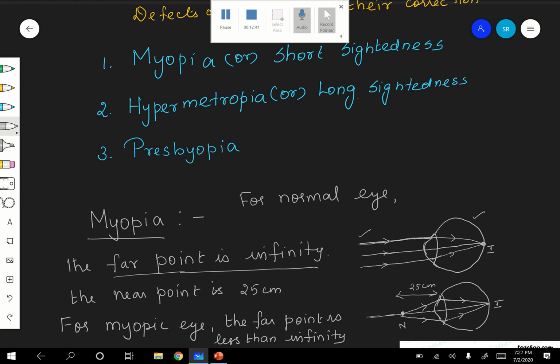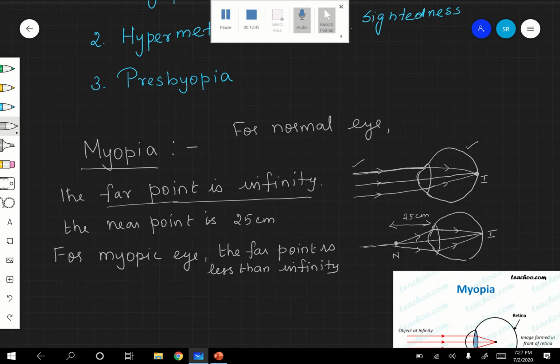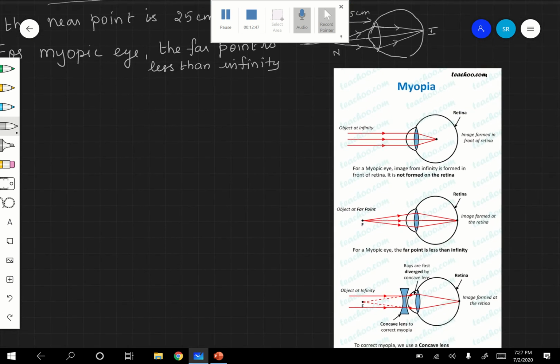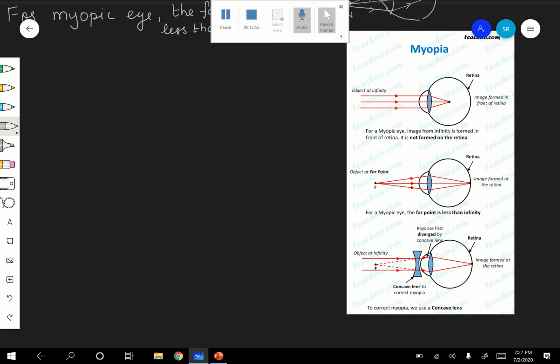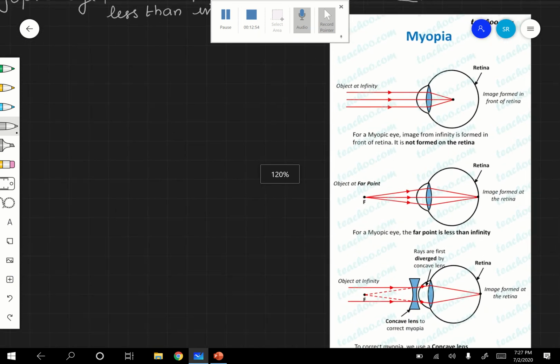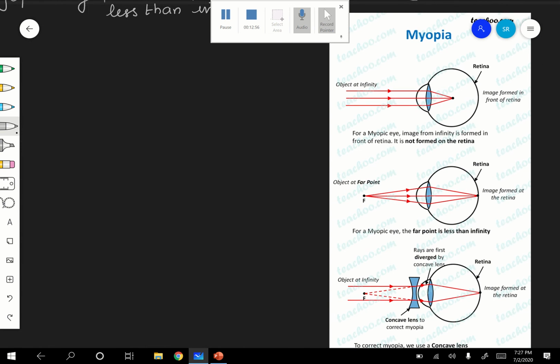Now you see what will happen. Let me show you this picture. When the object is at infinity, the rays are parallel, right?